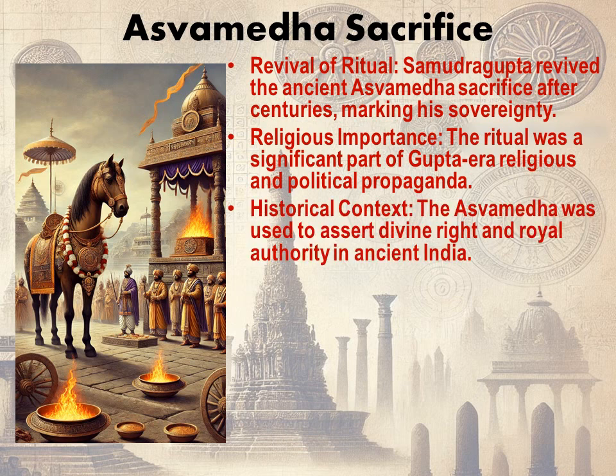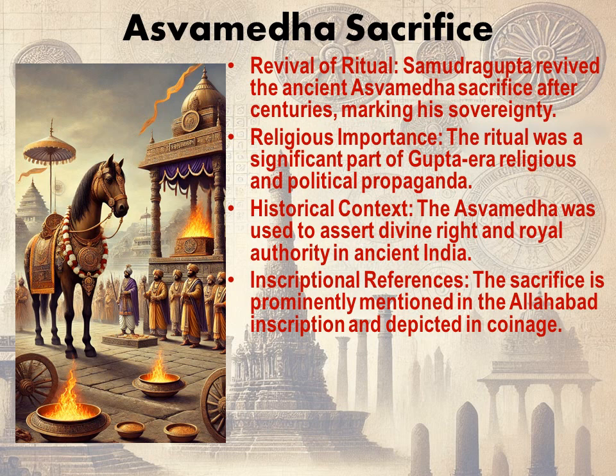The Ashwamedha was used to assert divine right and royal authority in ancient India. So, through the Ashwamedha sacrificial ritual, he asserted divine right over the territory and his royal authority in ancient India. The sacrifice is prominently mentioned in the Allahabad inscription and depicted in coinage.